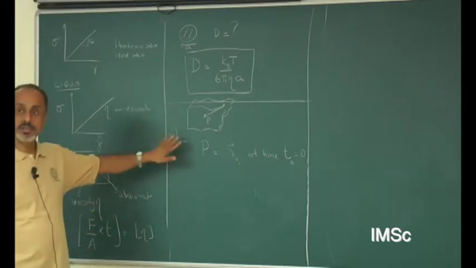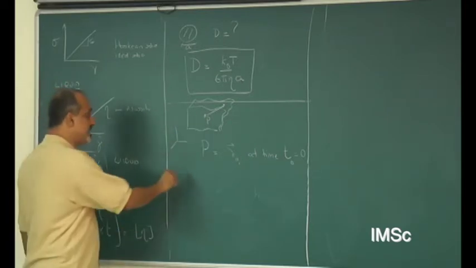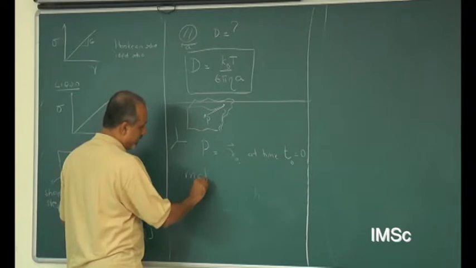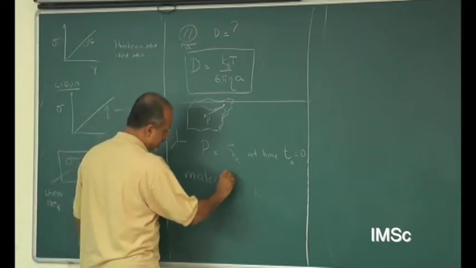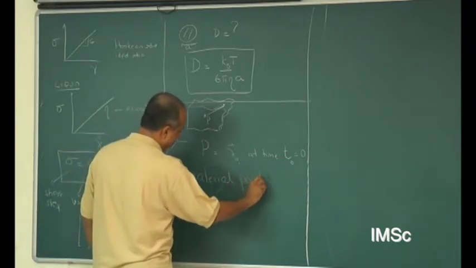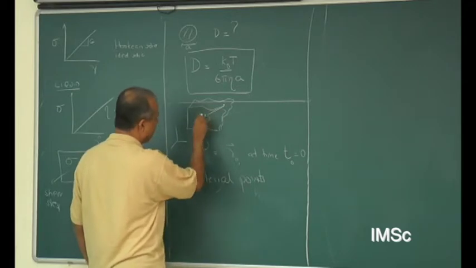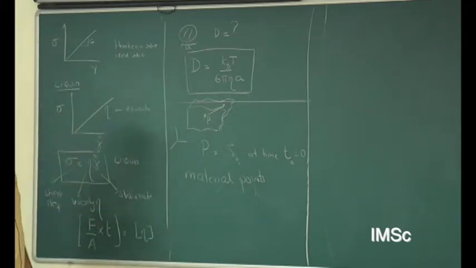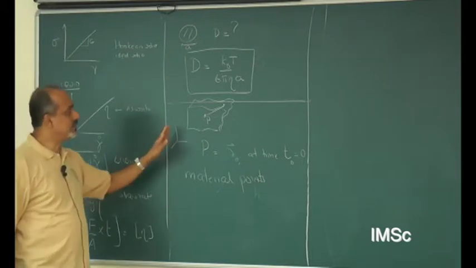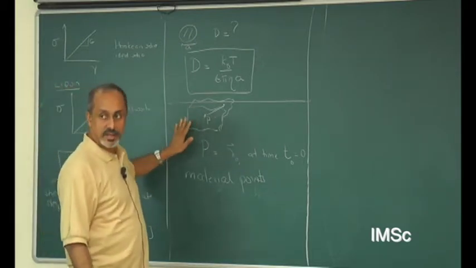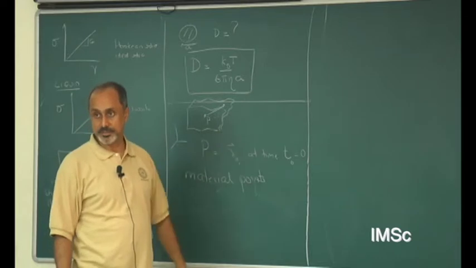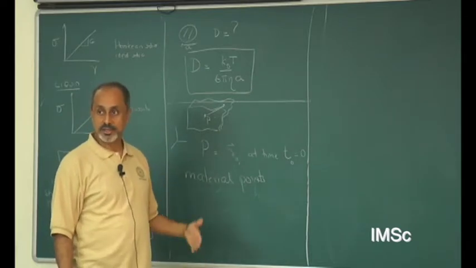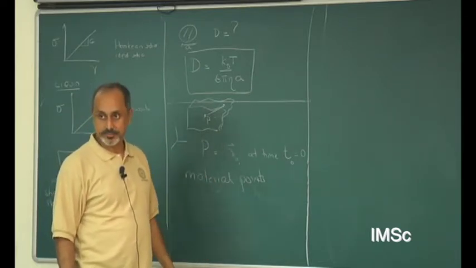If I know where every point has gone, these are called material points because they are points within the material and they all contain some mass densities, momentum, some velocities, etc. So by telling you where all the material points in a material have moved when I distort the material, I have told you a little bit about the deformation of that material.